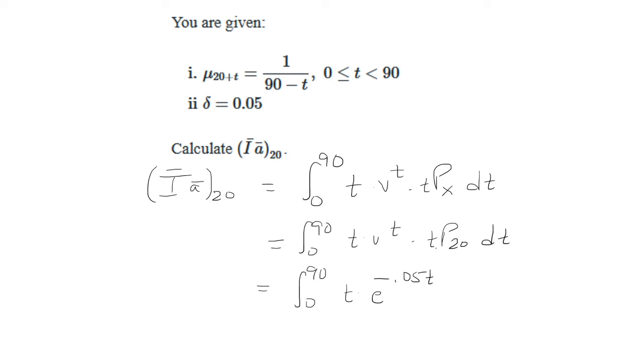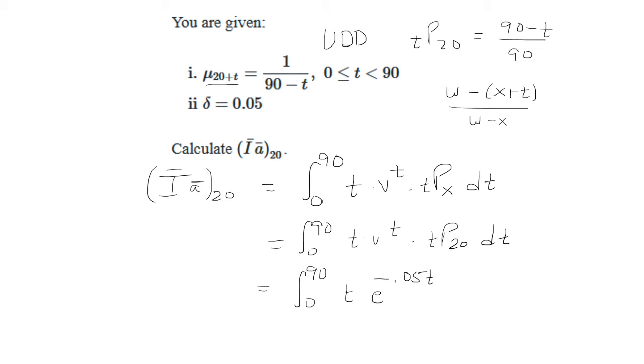Now in order to find tp20, I need to look back at the force of mortality. That is 1 over 90 minus t, which by that formula looks like UDD. So for tp20, it's just going to be 90 minus t over 90, because the formula is w minus x plus t over w minus x.